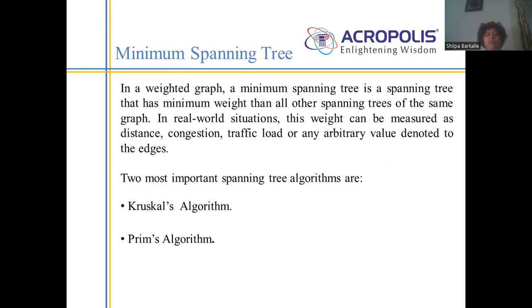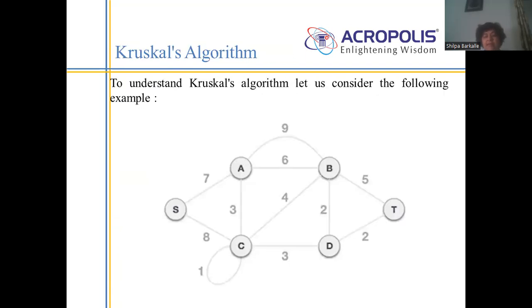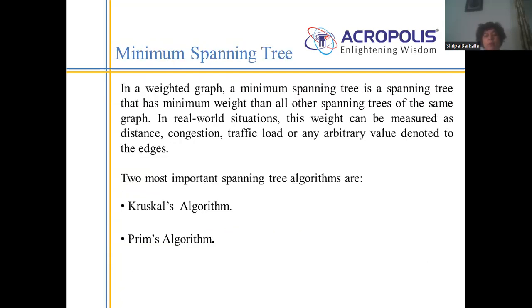Okay, so if we have a weighted graph, for just a quick recap, a weighted graph is a graph in which each edge is assigned a weight. Let us see a quick example like this. Each edge in the graph will have some weight.